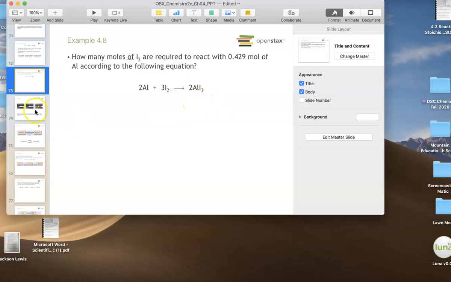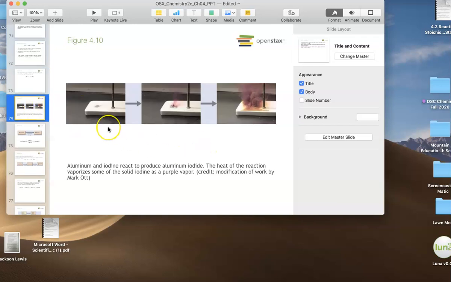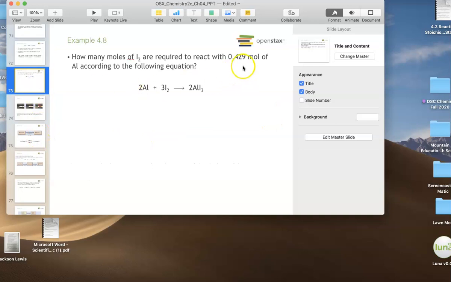Here's a picture of that chemical reaction. We see aluminum powder, iodine is added to it, and the product is aluminum iodide, and you can see the nice purple gas that's produced. Going back to the equation, we're starting out with 0.429 moles of aluminum.